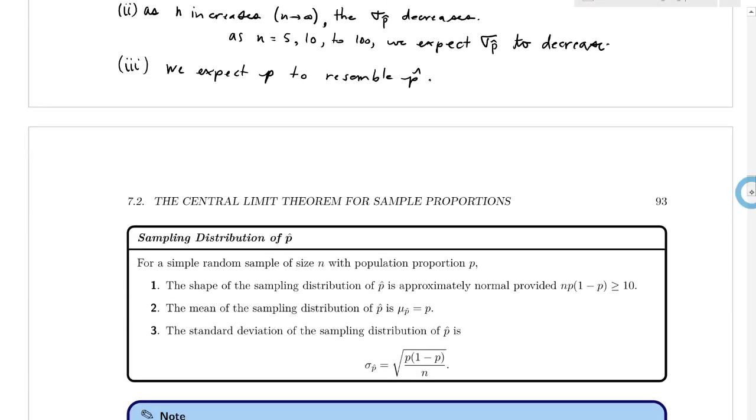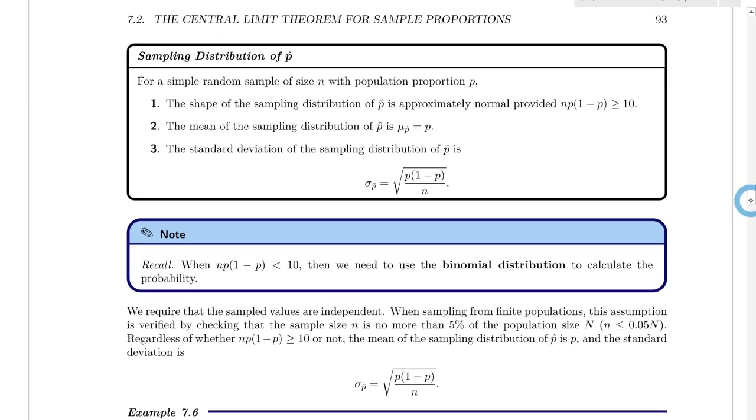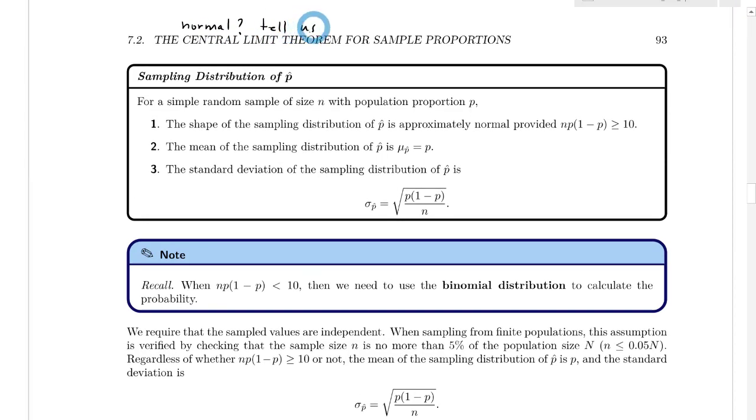Okay, so let's move on to the sampling distribution of p hat. So prior, remember with the means, we said, how do we know something is normal? Well, they'll either tell us or what? For x bar, we just needed n to be greater than or equal to 30.